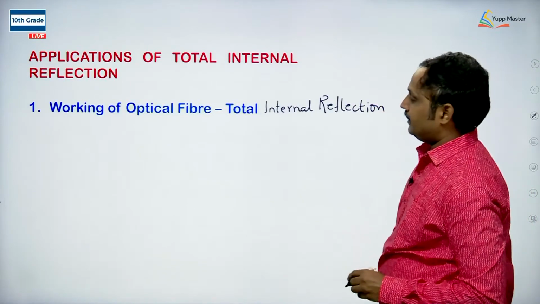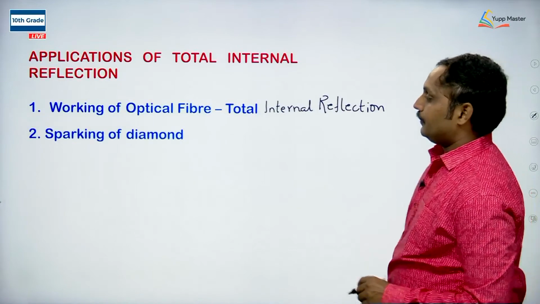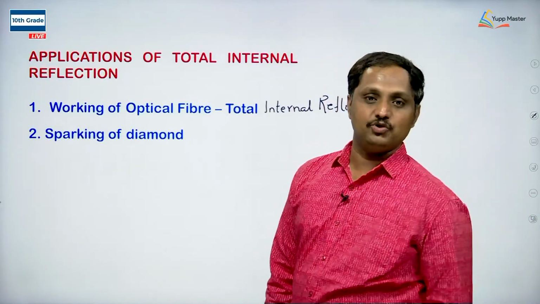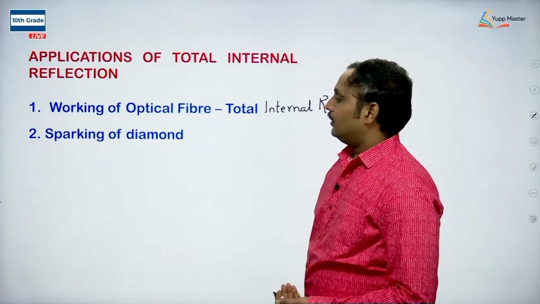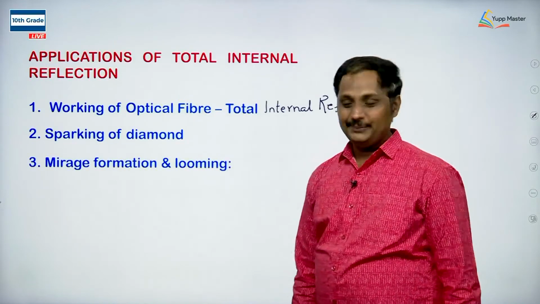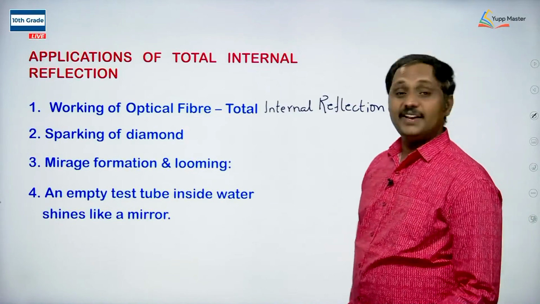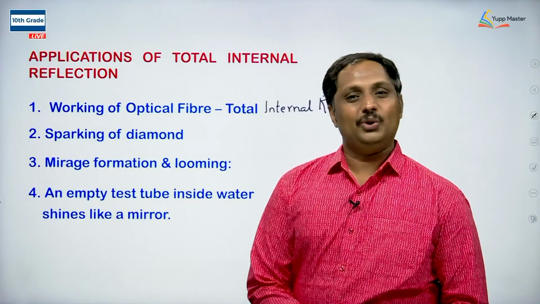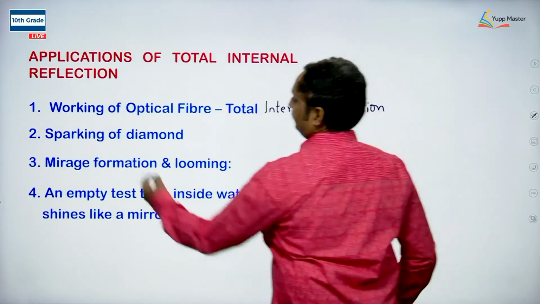Sparkling of diamond, why does it brighten? Next, mirage formation and looming. An empty test tube inside water shines like a mirror. These are all applications of total internal reflection.